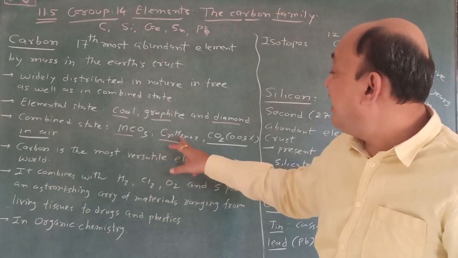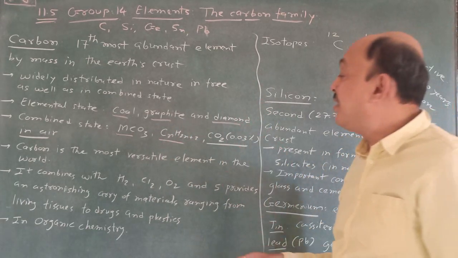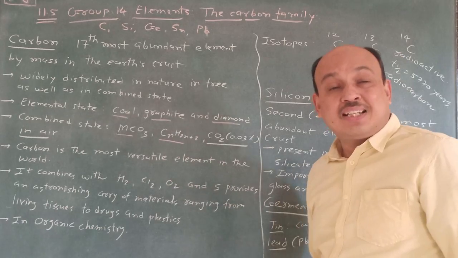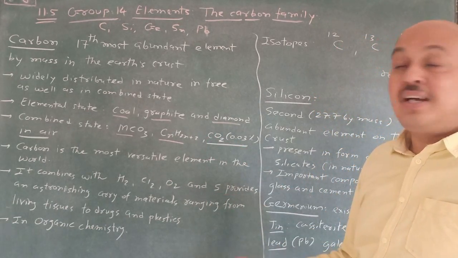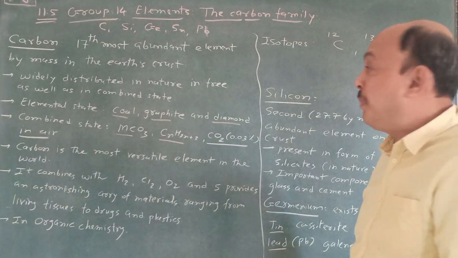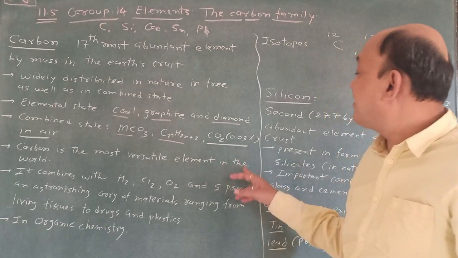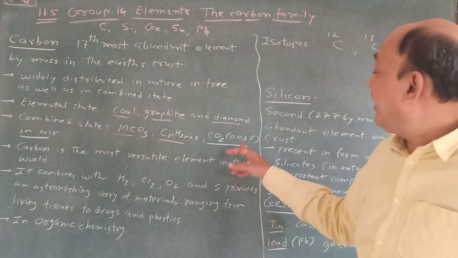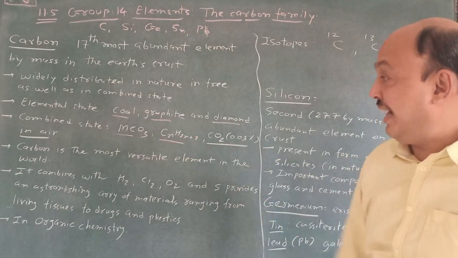So here we write CnH2n+2. It is not enough: CnH2n, CnH2n-2. Many compounds are there, C6H6. We are familiar with all these compounds from chapters 12 and 13. Here, CO2 gas is in air about 0.03%.